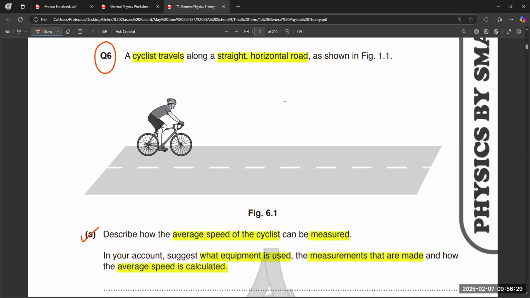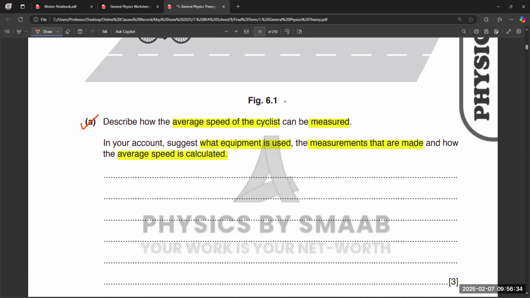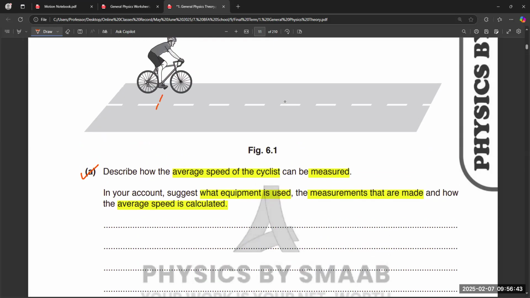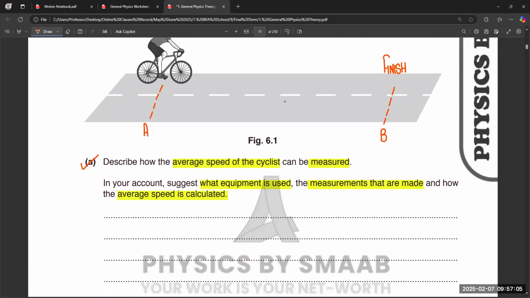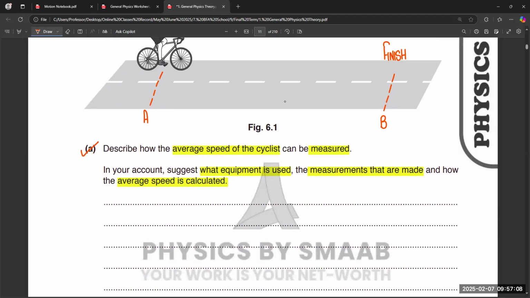So let's suppose we need to select 2 points. Let's suppose this is point A, the starting point, and this is point B, the finishing point. So when body starts from A and reaches till point B, during this duration we need to record the time and the distance.